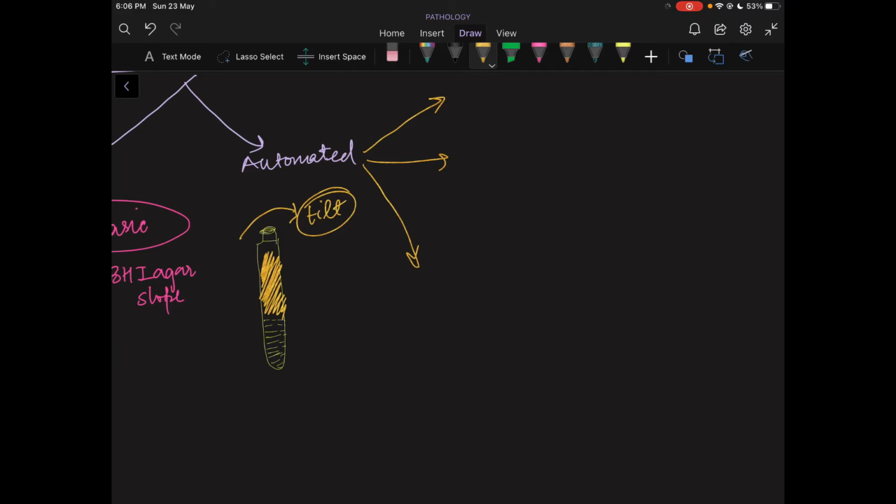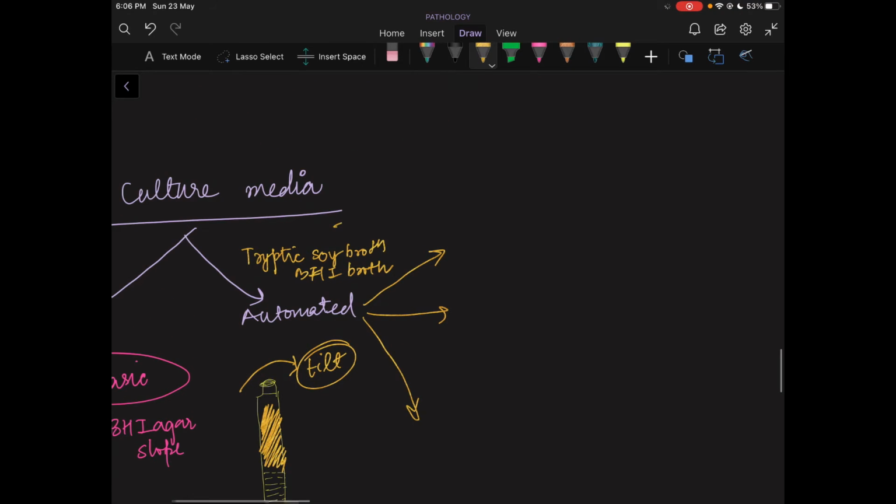What is the composition of automated blood culture techniques? So you have tryptic soy broth, and you can add your brain heart infusion broth, okay? And we can add some polymeric resins. What is the use?